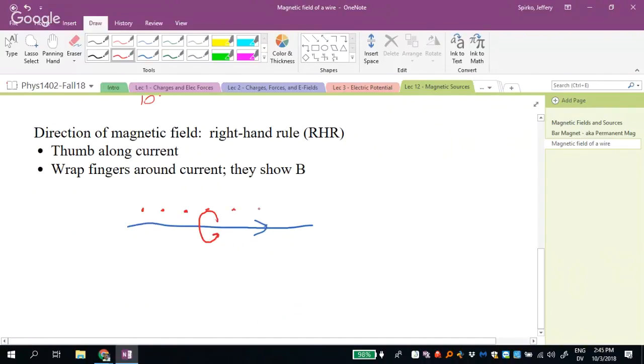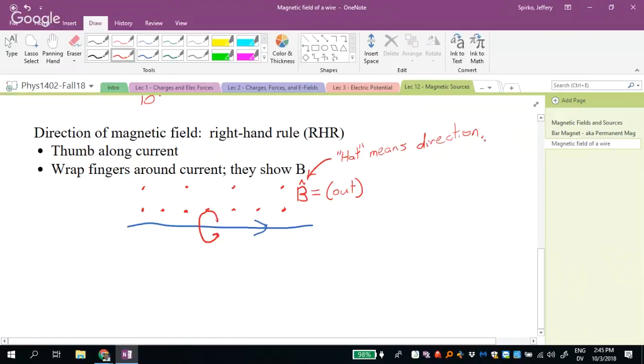So if we put dots all over the place, that means wherever we look, the magnetic field is pointing outwards in that part of the drawing.